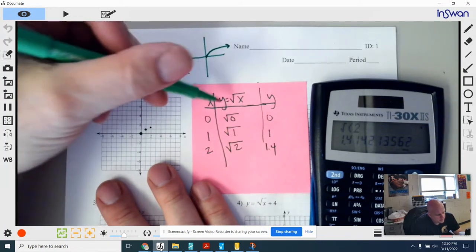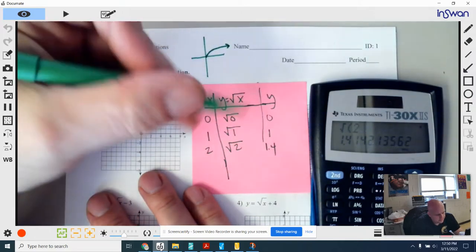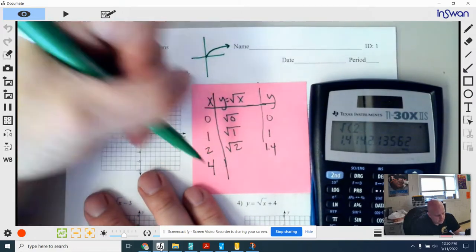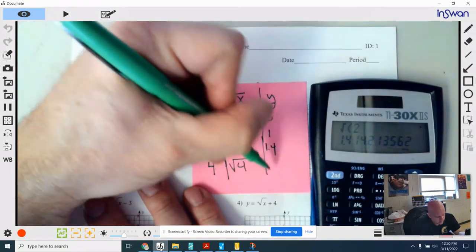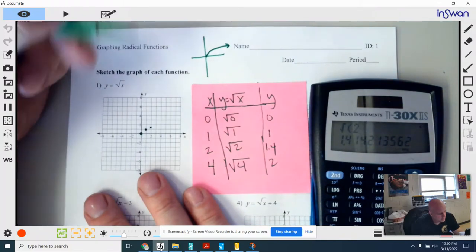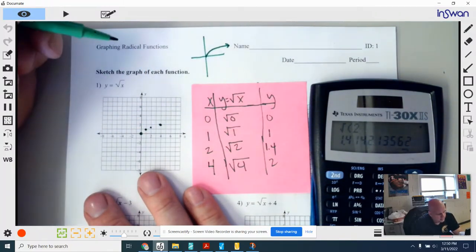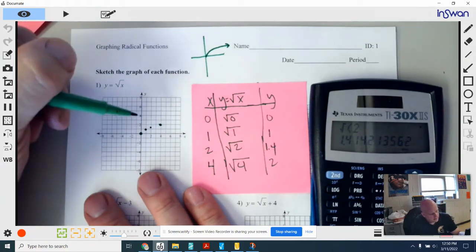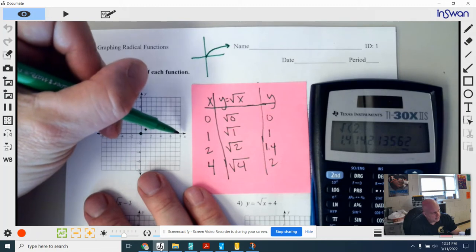So I'm thinking, well, what could I possibly plug in to get some whole number answers? Well, not 3. What about 4? Because the square root of 4 is going to be equal to 2. So when I plugged in 4, out came 2. And then if you look along here, you have 5, 6, 7, 8 to choose from.